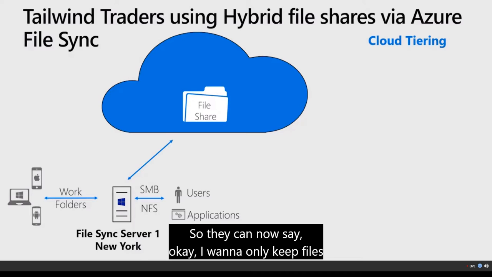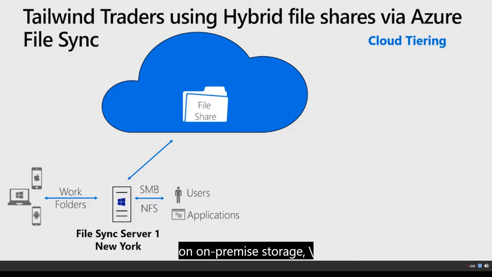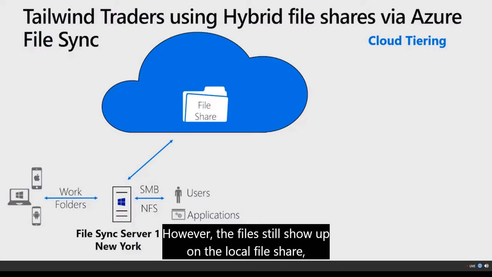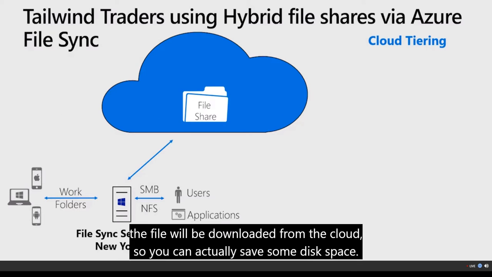So they can now say, okay, I want to only keep files which are younger than 2 months, for example, on-premises storage, and everything else gets offloaded to the cloud. However, the files still show up on the local file share, but when a user clicks on one, the file will be downloaded from the cloud, so you can actually save some disk space.